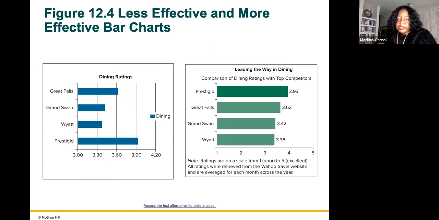So let's look at the bar chart and how the bar chart looks. Less effective dining rates, and then leading the way to dining. So you see that this is Presidio, and you have a higher, that has more bars or greater significance, with a 3.93 rating on it, leading the way to dining.